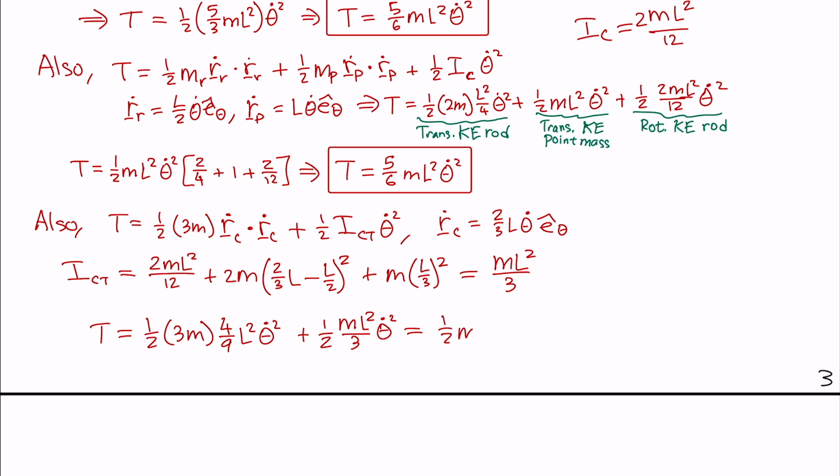Factoring out 1/2 mL squared theta dot squared, and then we get 4/9. Oh wait, sorry, that should be 12/9.